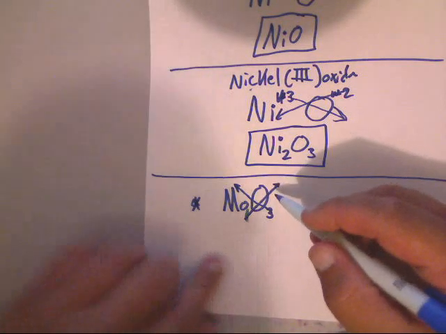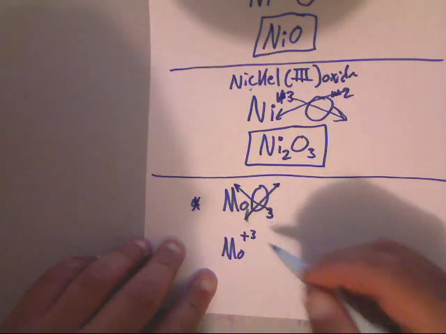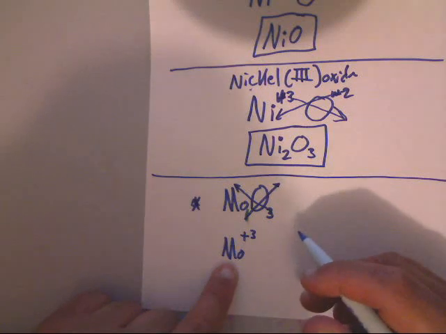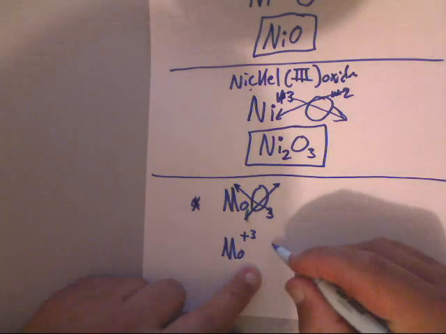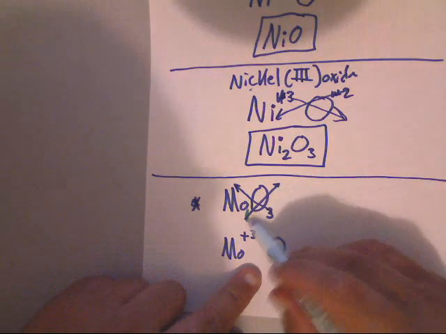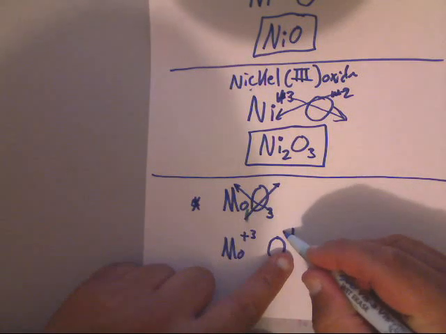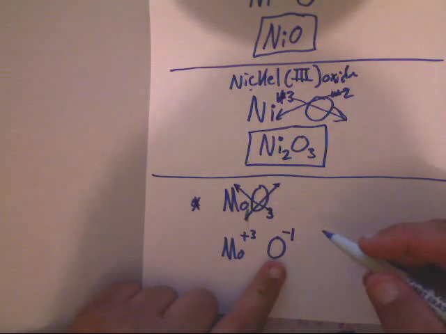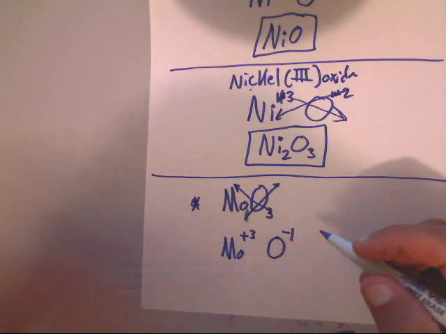When I bring them up, that shows that this Mo originally had a charge of plus 3. So I would begin to think that this is molybdenum 3 oxide. But when I write down this O, it says that O is a 1. And remember, anything on the right side is a negative charge. It's a negative ion. That should raise a question for you because oxygen is not a negative 1 charge.